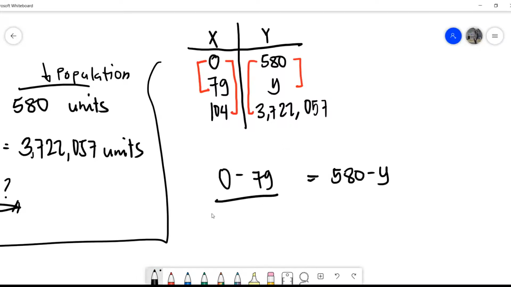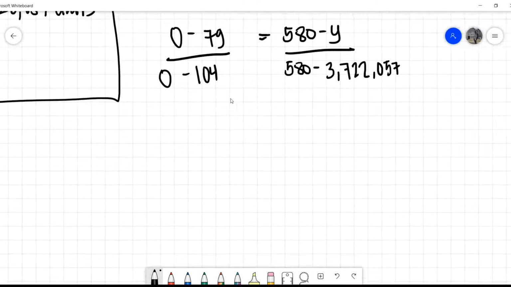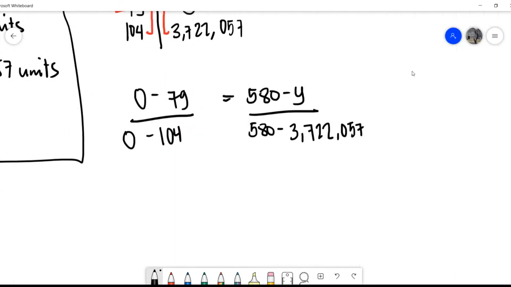So that will be 0 minus 104 all over 580 minus 3,722,57.